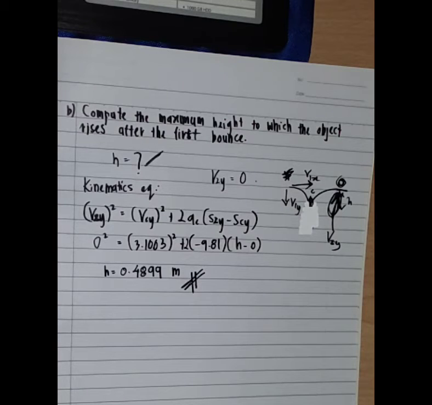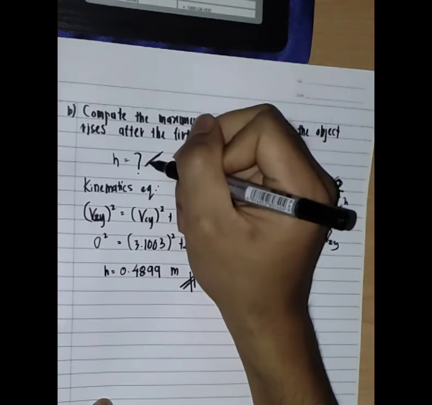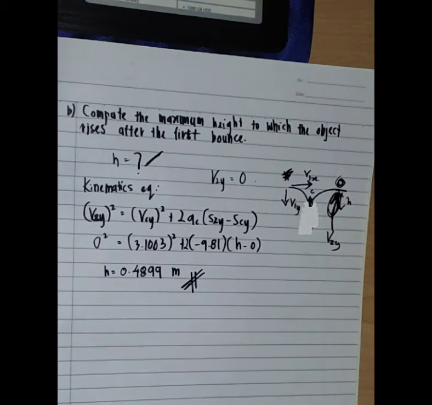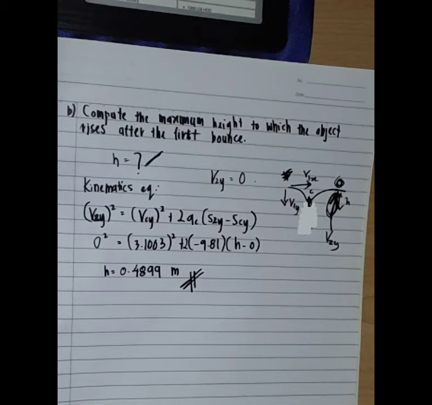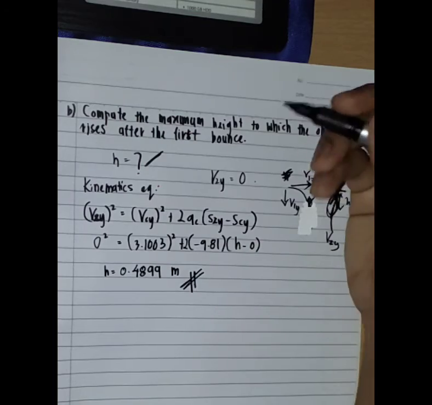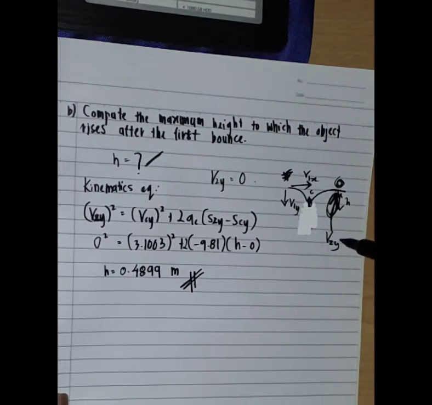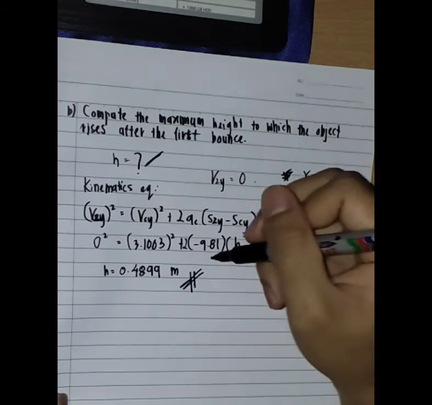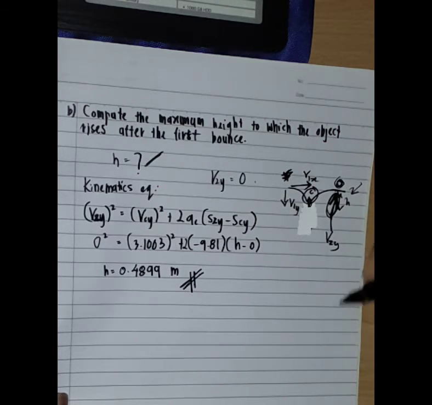For question 2b, compute the maximum height to which the object rises after the first bounce. What we need to find is the h value. After that, we must use a kinematic equation. The kinematic equation describes the vertical motion of the ball after it rebounds from the ground: v2y squared equals VCy squared plus 2a times h, where gravity is downward.